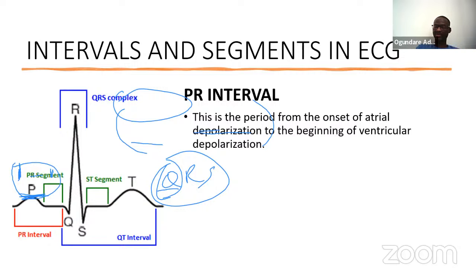As we move on, you will understand how to differentiate a first degree heart block from a second degree heart block. But for today, take that understanding with you: when the PR interval is longer than 0.2 seconds, then that is heart block.